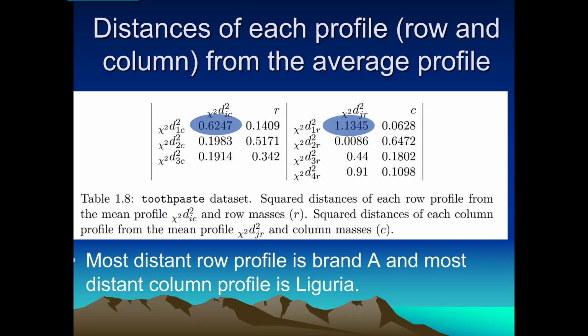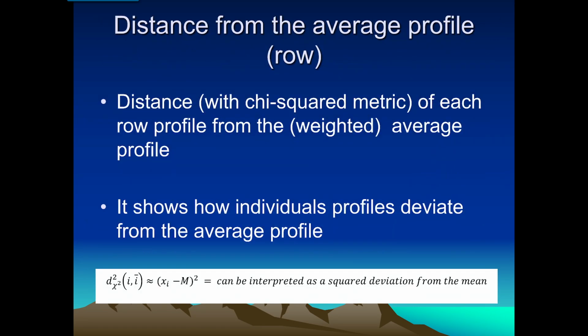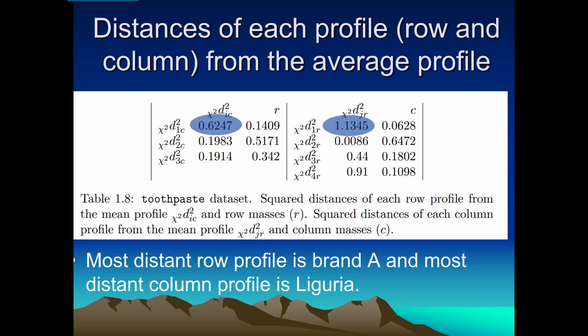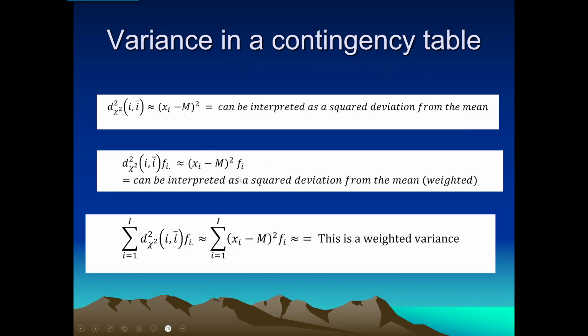So the most distant row profile is brand A, and the most distant column profile is Liguria. Now, let us go back to this interpretation. The distance is the squared deviation from the mean. So if you weight this squared deviation and then you take the sum, this is a weighted variance.